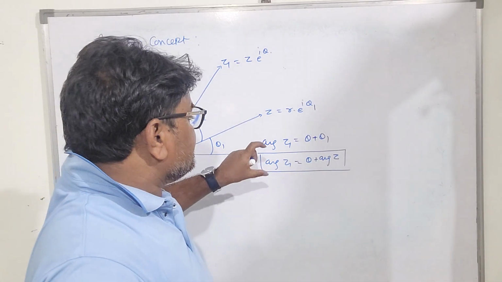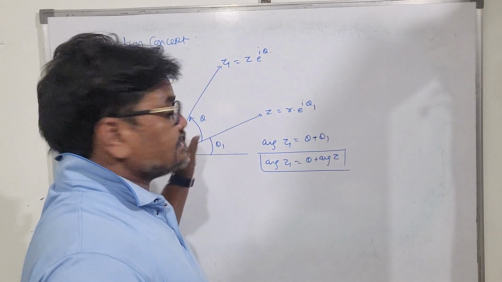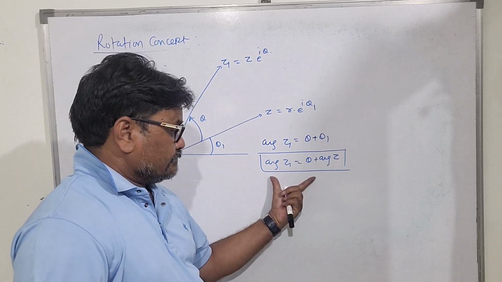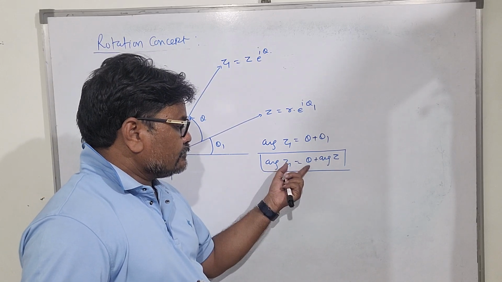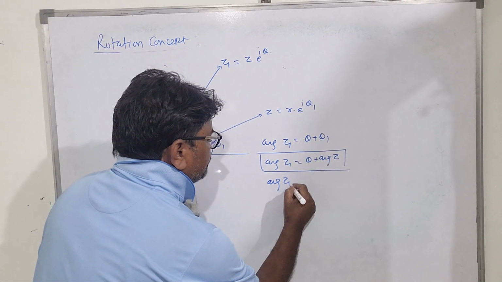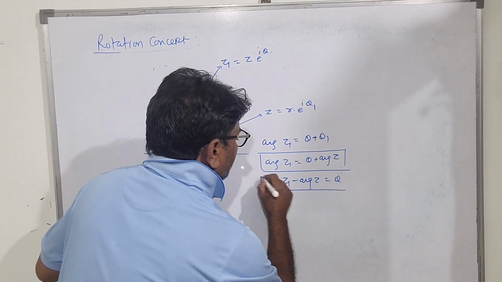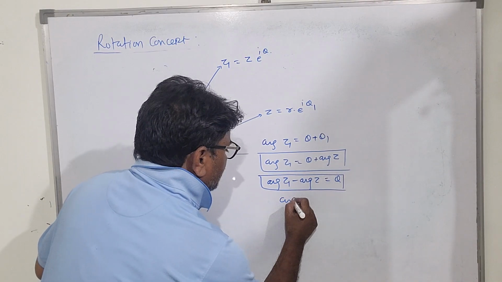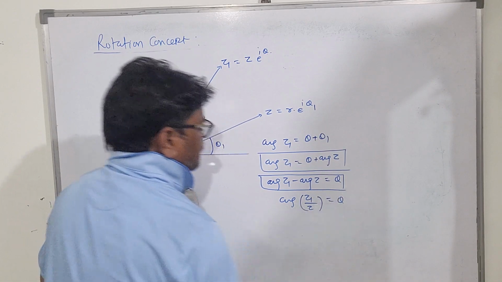And alternatively you can say that the angle between Z1 and Z is theta. So observe this very clearly, that we are having argument of Z1 equal to theta plus argument of Z. Or you can also write argument of Z1 minus argument of Z equal to theta. Or you can also write argument of Z1 by Z is theta.